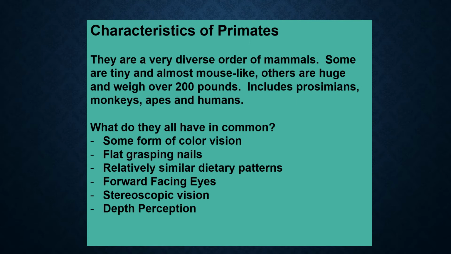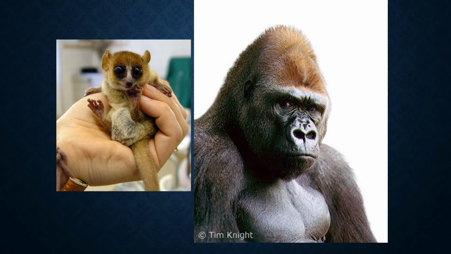And these last three are very important if you think about a creature that lives and moves around in the trees, which most primates do. So our primates include everything from our tiny little mouse lemurs all the way up to our very large gorillas.